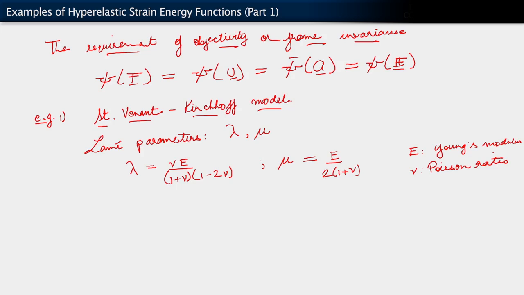In terms of these two parameters, the way we write out our strain energy function is by using the parametrization in terms of the Lagrange strain E. Psi bar is 1/2 lambda times the trace of E, the whole square, plus 1/2 times 2 mu times E contracted with itself.